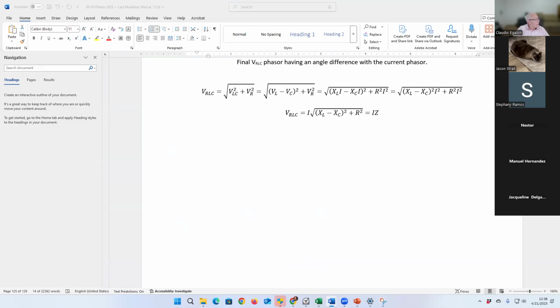Item C is write the current I for this circuit. Okay, just by looking at the phasor diagram that you drew, right?